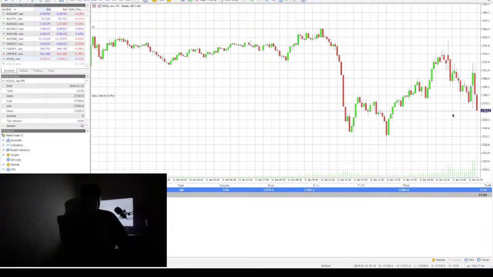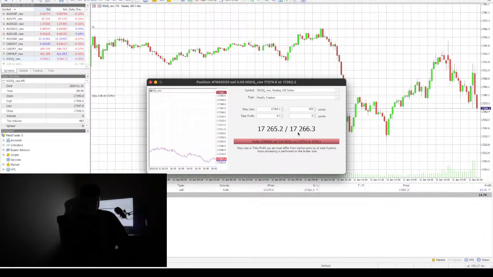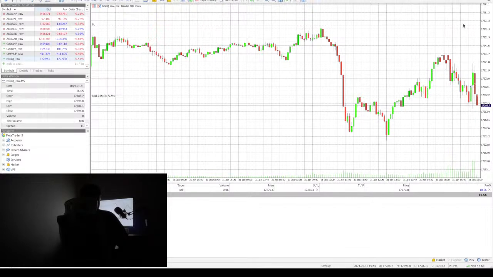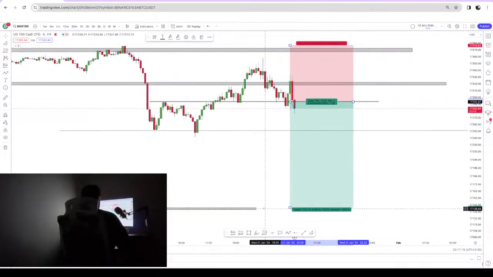All right, so we have placed our stop loss here. In fact, I'll move it up a little bit. It's around $100 stop loss now. Okay, if we hit this stop loss, we'll be losing $100, right? And the target that I am eyeing is this point.